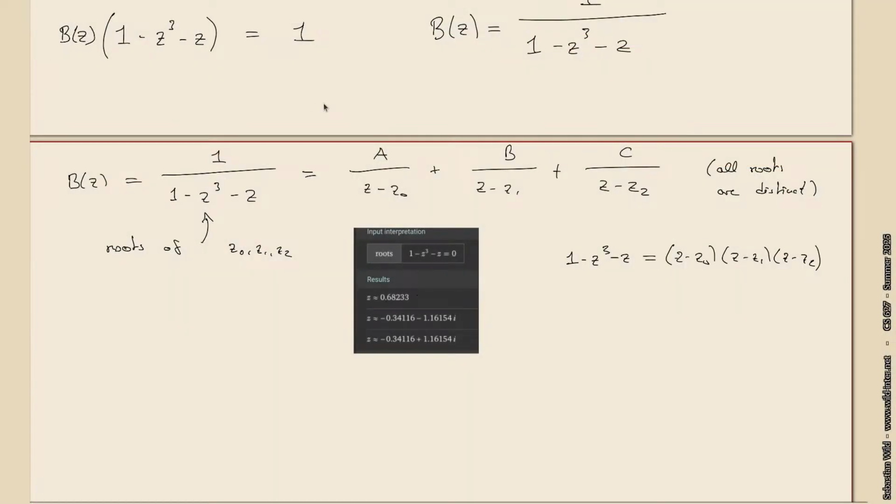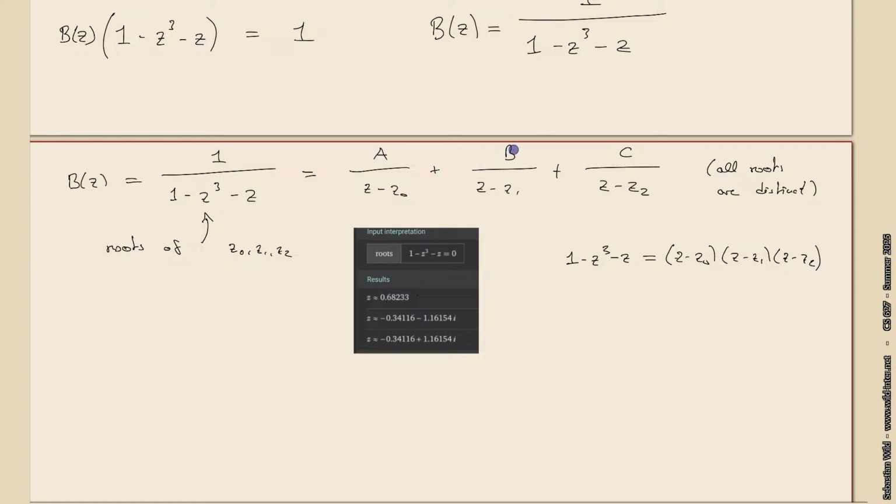Okay. Now, in nice examples, you can now solve for A, B, and C and just insert these. In general, you get this if you rewrite the left-hand side using this product.